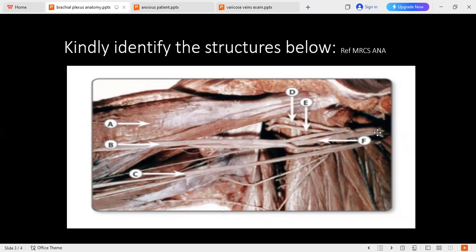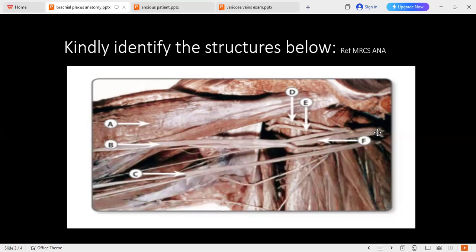Okay. Here is the root, trunk, and division. Please demonstrate the surface anatomy of the brachial plexus on a living person. Roots in the neck between the scalenus anterior and medius muscle.